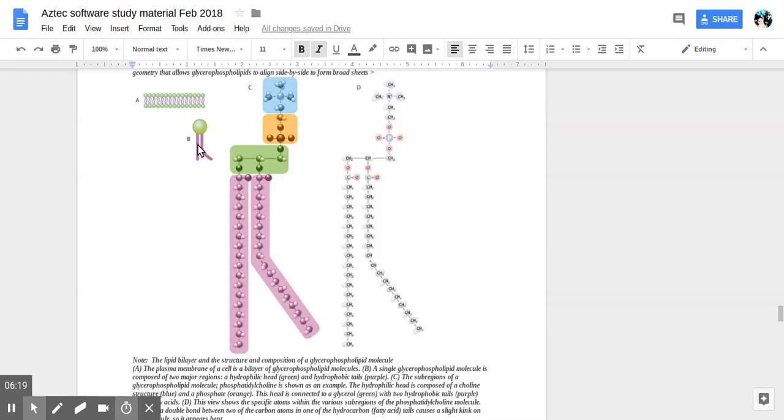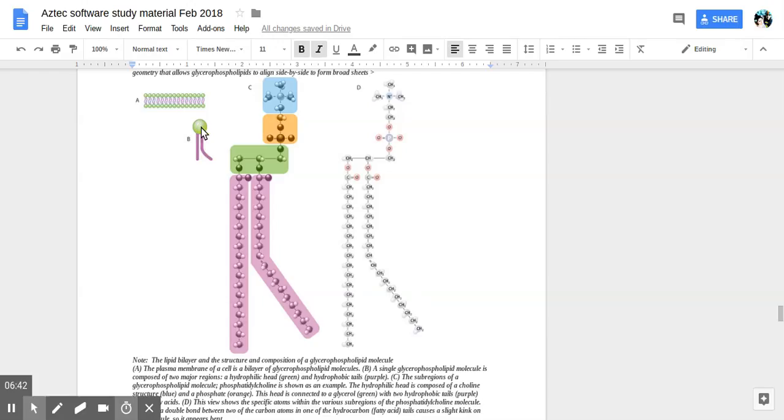In B, it's showing a single glycerophospholipid molecule, composed of two major regions, a hydrophilic head in green and a hydrophobic tail in purple. Hydrophobic means it's fatty, so it doesn't dissolve in water. It's not polar.